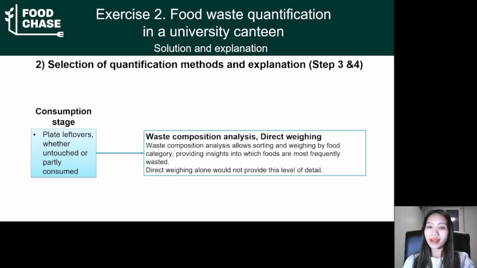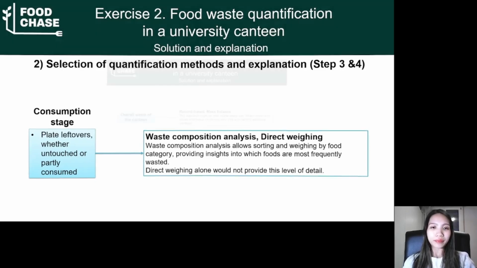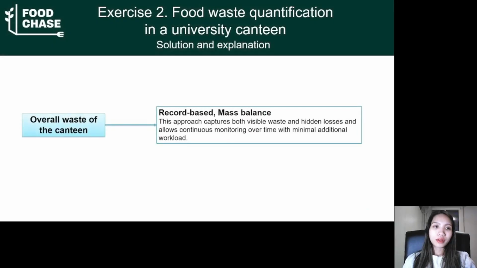Also, direct weighing alone would not provide this level of detail because it can measure only the total quantity of waste, not the detailed information about the category of waste. The overall waste of the canteen can be estimated using the record-based method and mass balance.